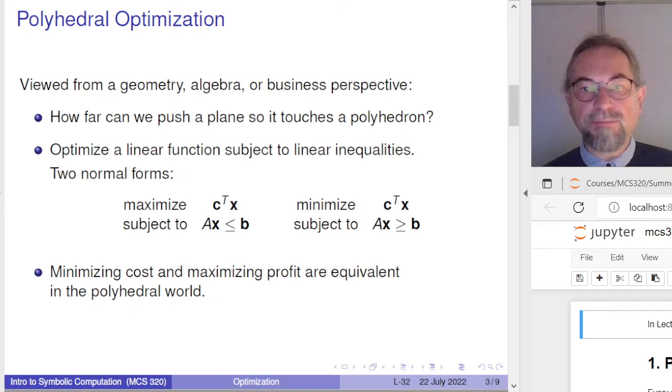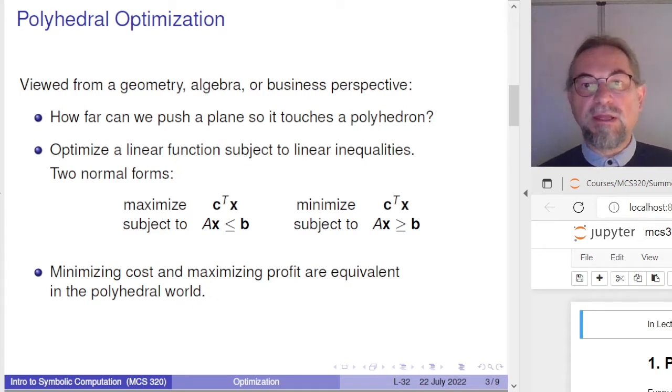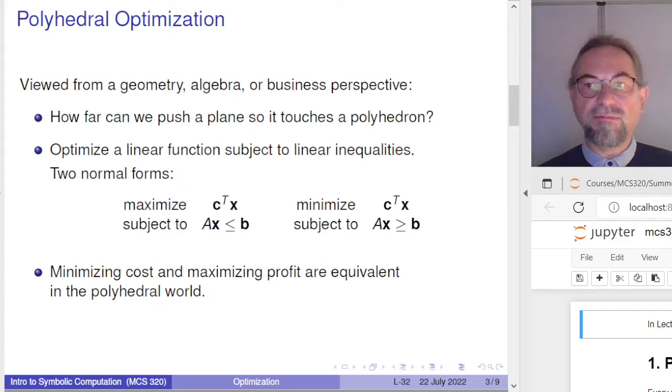With the optimization, we want to optimize a cost function or a profit. We typically want to optimize profit. Geometrically, we want to push a plane as high as possible. In the opposite formulation, we want to minimize costs, and then we want to push the plane as deep down as we can.